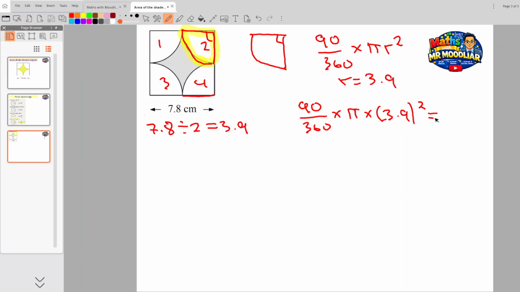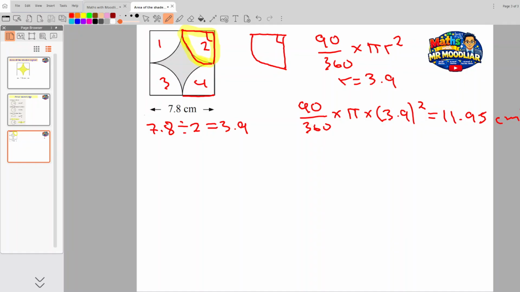Let me just type that in my calculator. 90 over 360 times pi times 3.9 all squared would give you 11.95 to two decimal places. So that would be 11.95 centimeter squared.